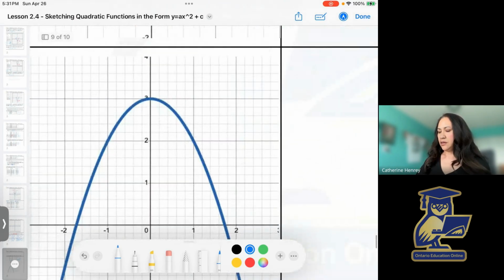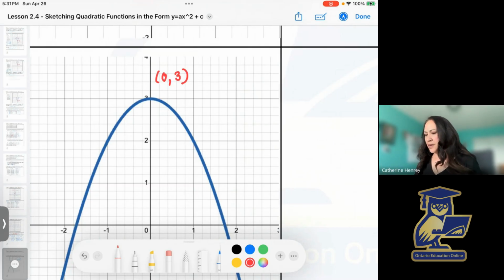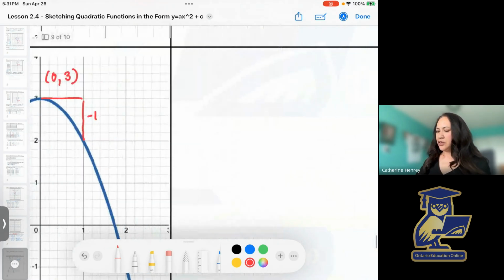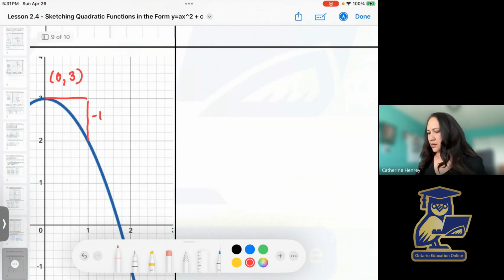Zoom in. So we have a vertex here of 0, 3. And let's see what our step pattern is here. If we move over 1 unit, then we go down 1 unit. So the vertex is 0, 3.